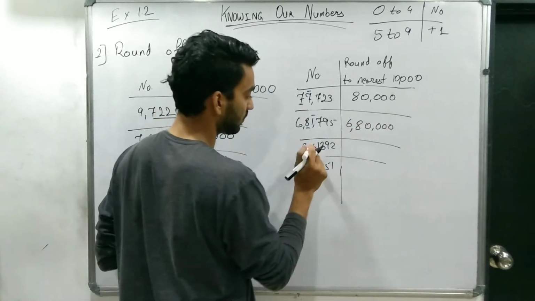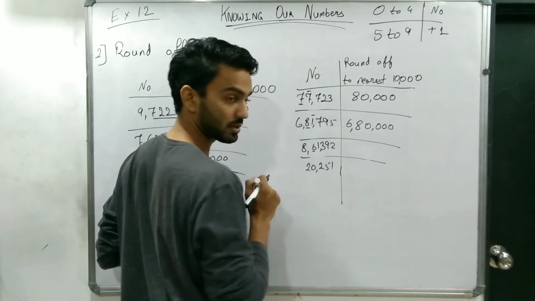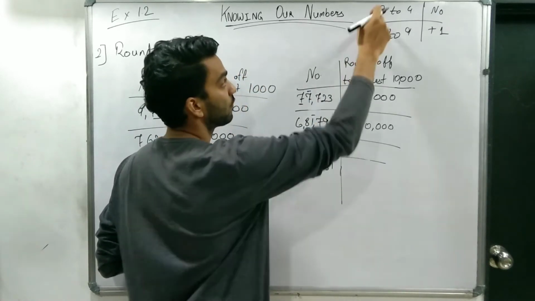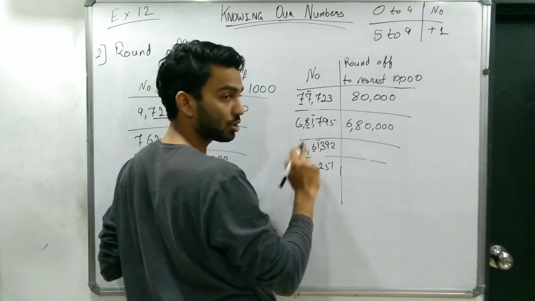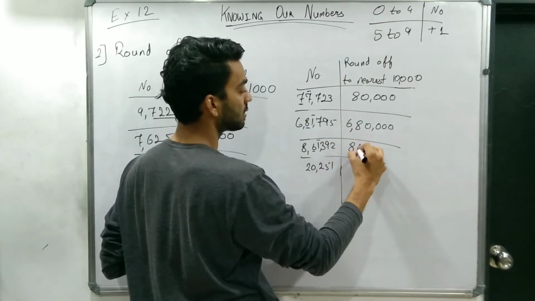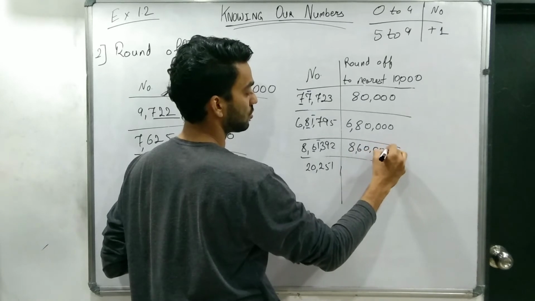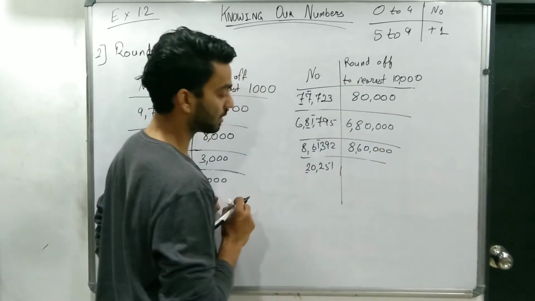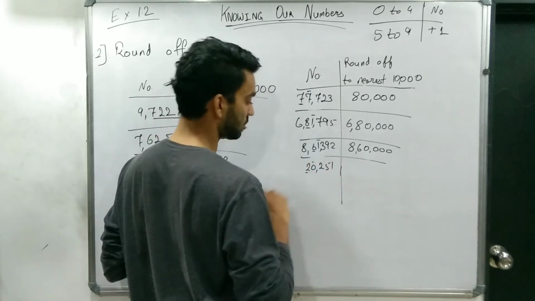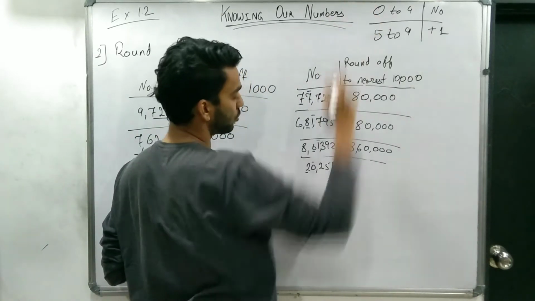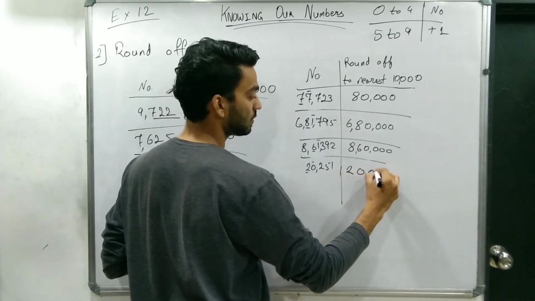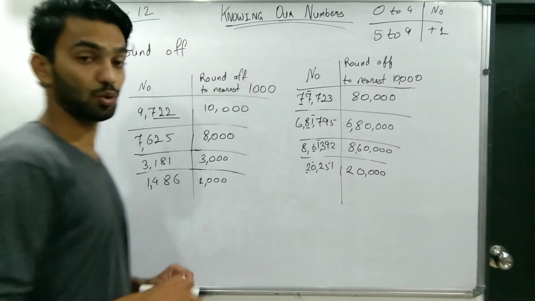Then the 10,000's place is this, the next digit is the 1000's place, which is in the first group, so in 6 there is no change, so it will become 8 6 0 0 0 0. Then here this is the 10,000's place, the next digit, that is the 1000's place, 0 is in the first group, so there is no change in this, so 2 will remain 2 and the rest of the digits will become 0.